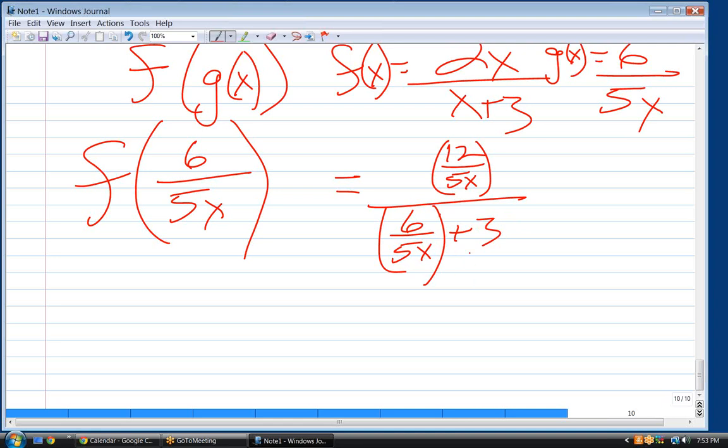What you say makes a lot of sense, and it would be wonderful if I could just cancel these 5x's out, but I can't, because this 3 gets in the way. So if I wanted to multiply top and bottom by 5x, I could do that. That's not a bad way to solve this problem. That becomes the new top, and the new bottom becomes this.